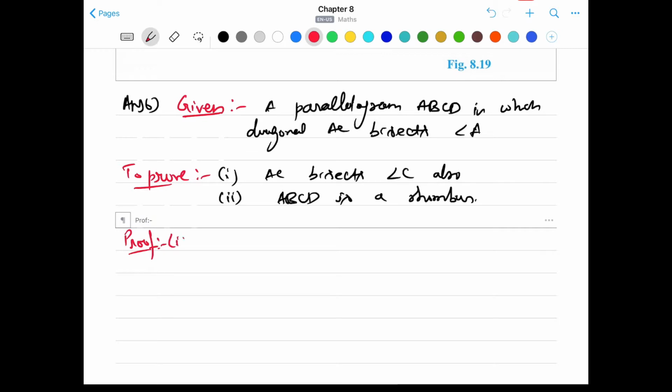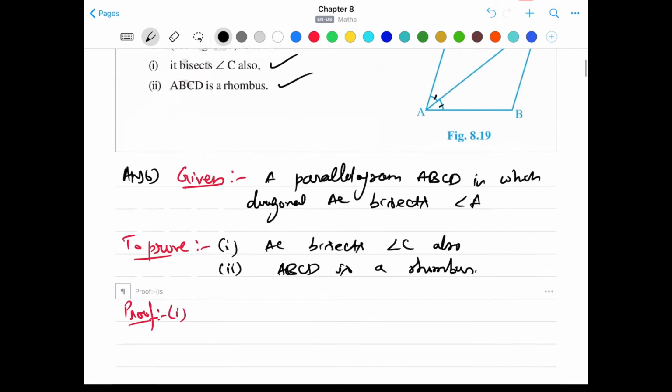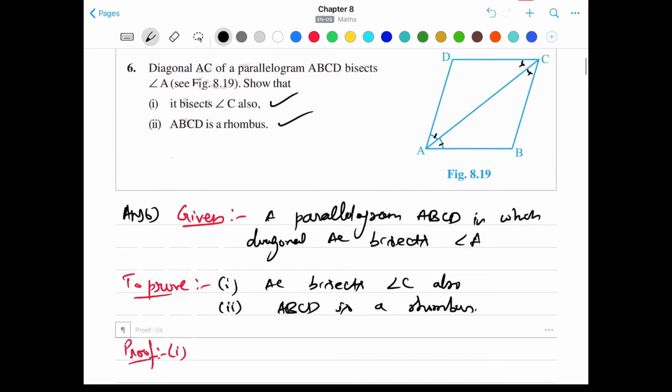Okay, so here in this question you can see that we are given this parallelogram in which we have to prove that AC is bisecting angle C also. Since it is a parallelogram, we know that in a parallelogram opposite sides are equal and parallel.